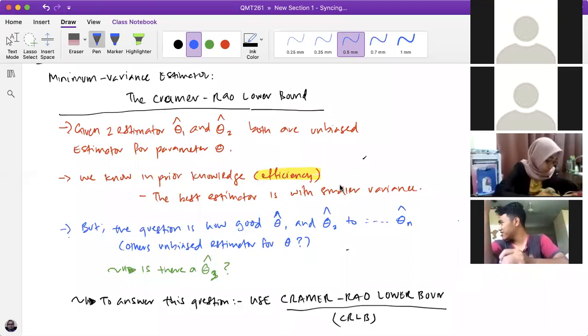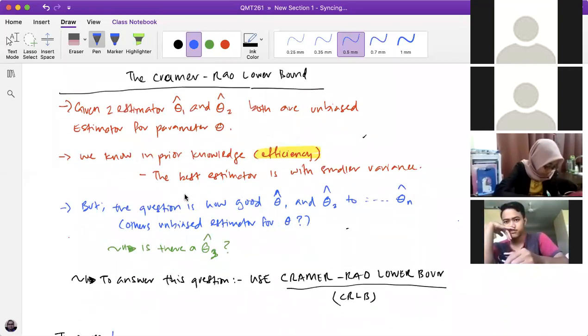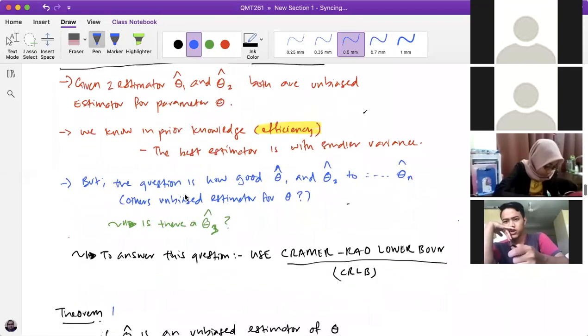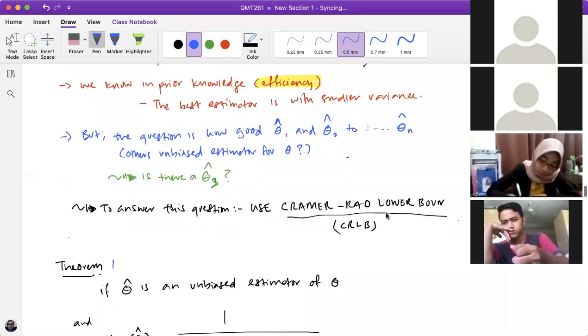Now, given two unbiased estimators, theta 1 hat and theta 2 hat, we know the best estimator has the smaller variance. But the question is how good are theta 1 hat and theta 2 hat, or is there any other estimator available? To answer this question, we need to use the Cramer-Rao lower bound technique.